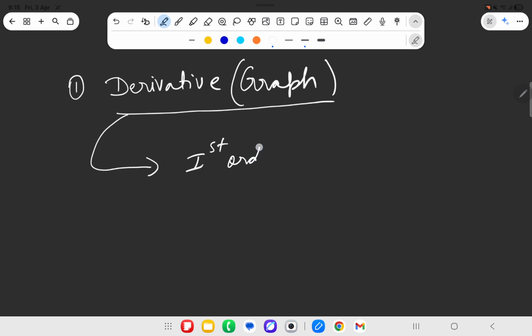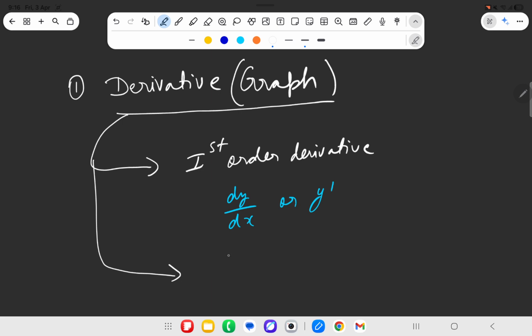Now the thing is, firstly there is first order derivative. Its notation is dy by dx, and in some books it is also represented as y dash. The other one is very trivial, that is second order derivative.